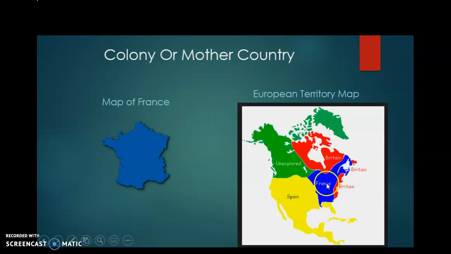They were heavy into the fur trade. So the colony of New France would send furs to France, where France takes those furs and turns them into maybe a coat or a hat, and then they sell it back to the colonies for a higher profit.